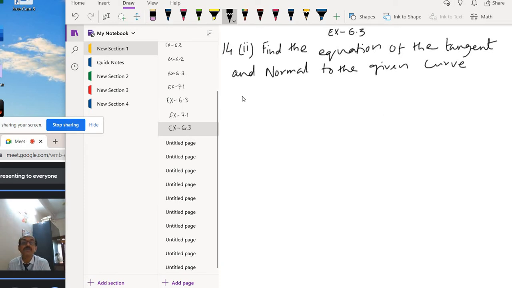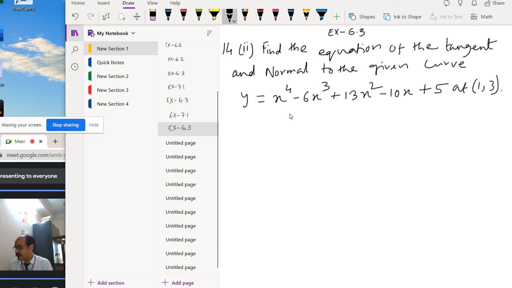The curve is y equal to x to the power 4 minus 6x cube plus 13x square minus 10x plus 5 at the point (1, 3).